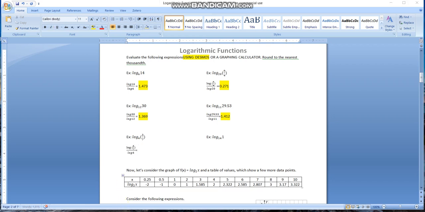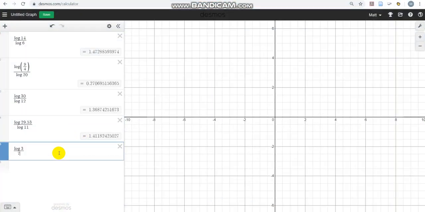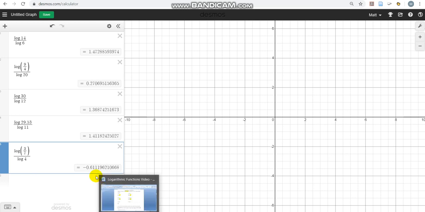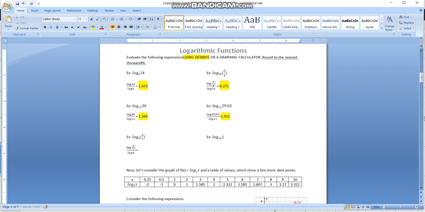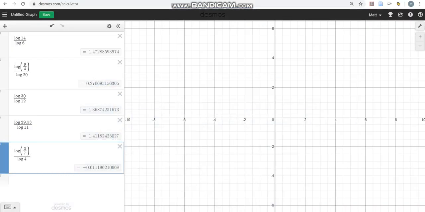All you're doing is typing it into decimals: log of 3/7 divided by log of 4. Oh shoot, this is negative 0.611.